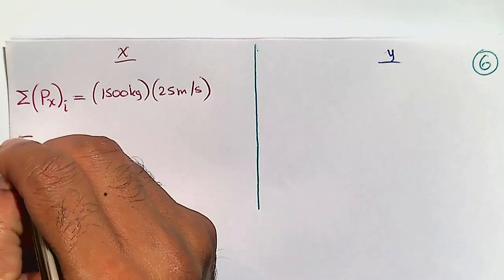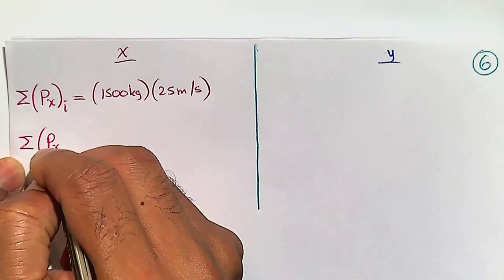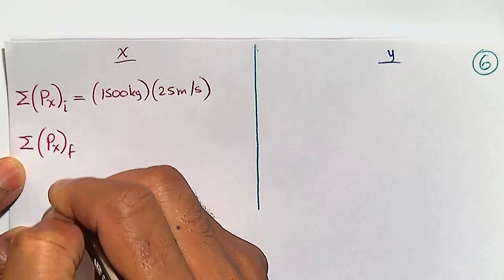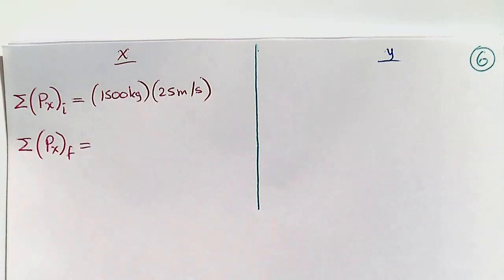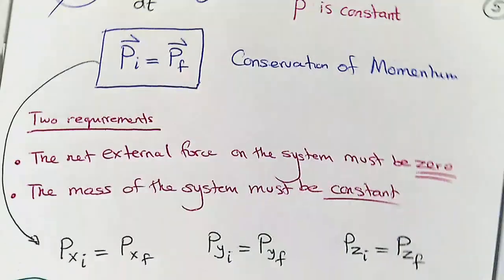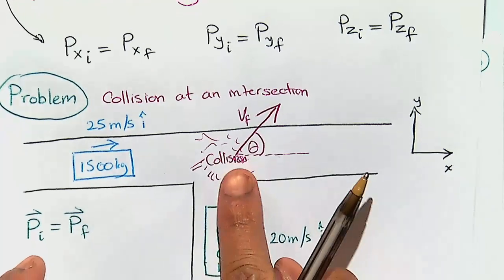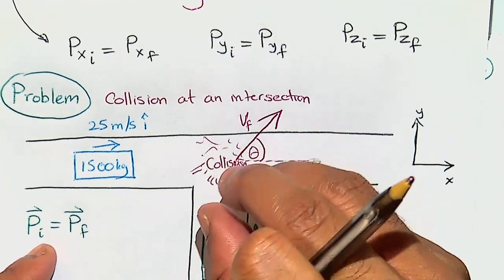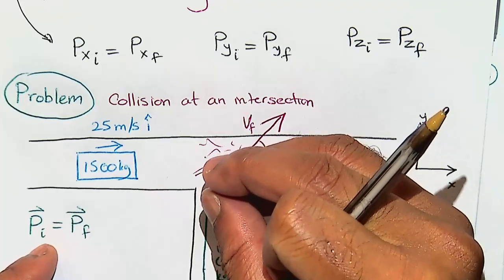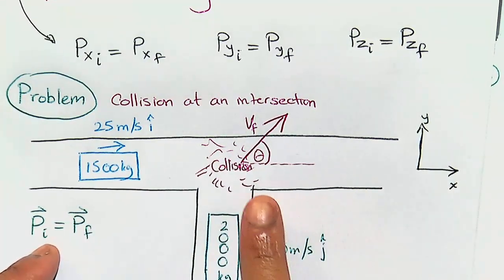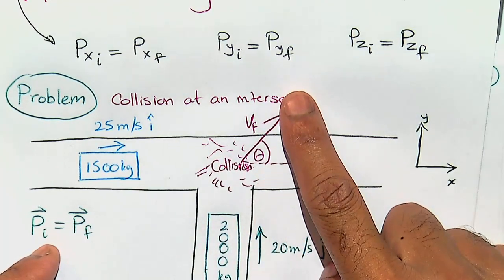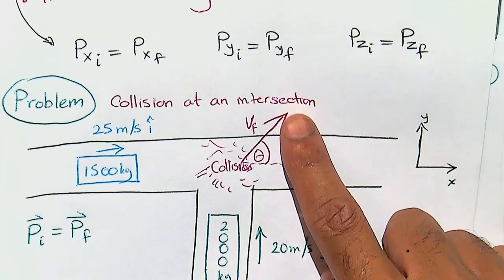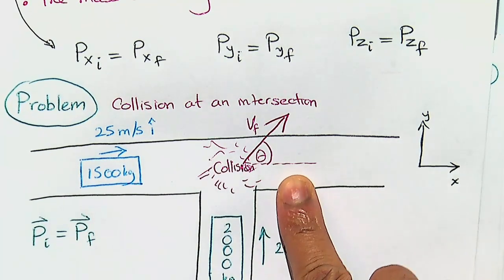Okay, so we keep that. That's our initial. We sum up all the momentum in the x direction final. After the collision, they stick together and they travel in this direction. So that collective object has a momentum in the x direction and a momentum in the y direction. It has a bit of both, so we need to solve for that.